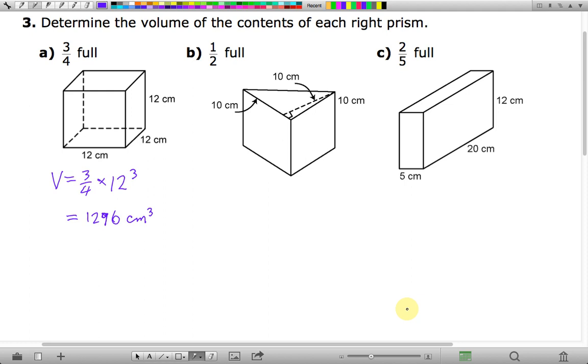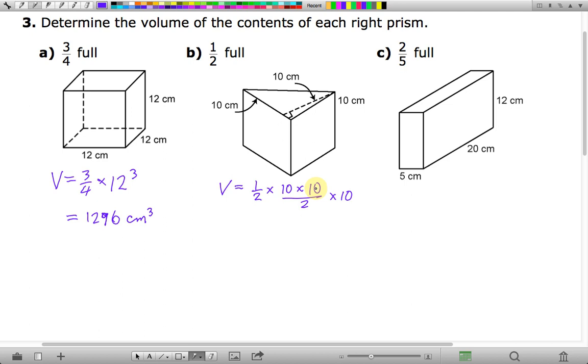For the other ones, okay, so here we have a triangular prism, and to find its volume, we do, of the contents we have, when it's half full, we do 1/2 times, base of the triangle is 10, height of the triangle is 10, height of the prism is also 10.